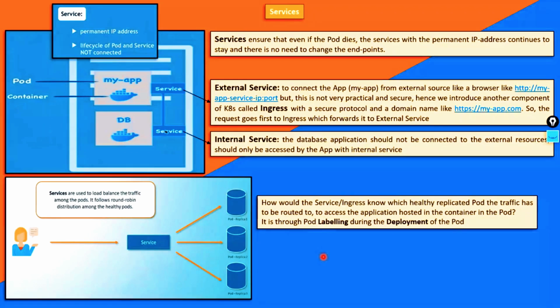Through the labeling, the service will be able to identify the pod. Discovery of the pod is one of the hottest topics: how to discover a pod out of hundreds and thousands of pods running in an environment, how to go and hit the pod correctly and within efficient time. All the discoveries happening nowadays, all the deployments and deliveries, are around this. It's a hot discussion: how to navigate the service mesh. Service mesh is a very important topic.